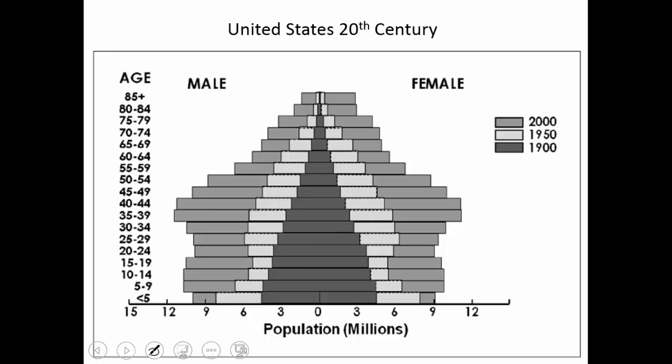Okay, here is the United States in a nutshell over the 20th century. You can see the transitional shape in the early 1900s. You can see the nice smooth triangle in the early 1900s, where the majority of folks in the population were below the age of 30.